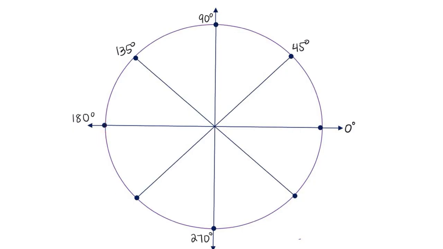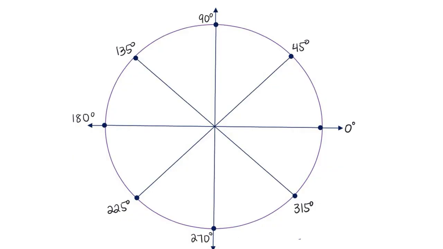If I add 45 again, I get 225 degrees. If I add 45 again, I get 270. If I add 45 again, I get 315 degrees. And then if I add 45 again, I go back to 360 degrees. So these are the supposedly special angles in degrees that are 45, 45, 90s.